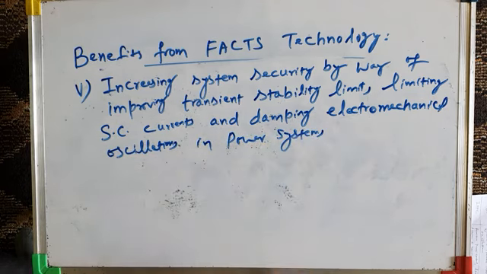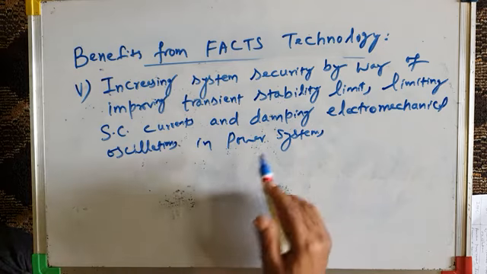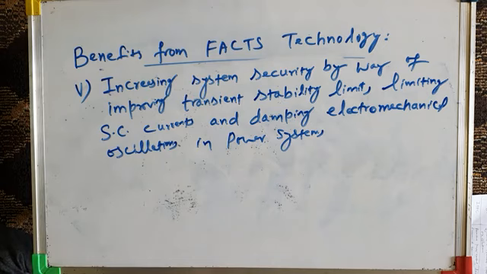You know, the beauty of FACTS controllers or FACTS technology is that it makes your interconnected power transmission network very secure. How? By improving its transient stability limit. So it makes it more stable by increasing its transient stability limit, limiting the magnitude of short circuit currents in the event of a short circuit or a fault, and quickly damping the electromechanical oscillations. And hence that way it makes the power system very much secure.